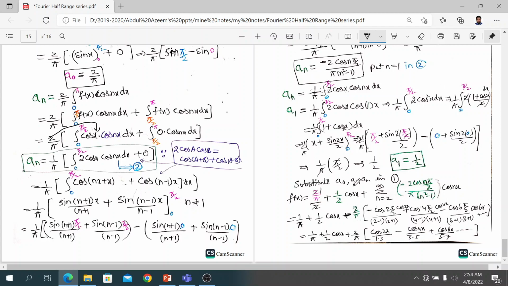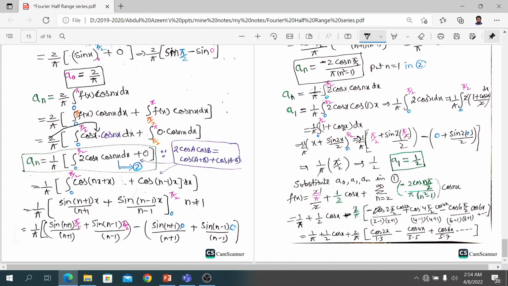Substitute a1, a0, an in the first equation. F of x, what is an? 2 by pi plus 1 by 2 cos x plus sigma n equal to 1 to infinity of an value, minus 2 cos n pi by 2 by pi into n square minus 1, cos nx. So 1 by pi plus 1 by 2 cos x minus 2 by pi.